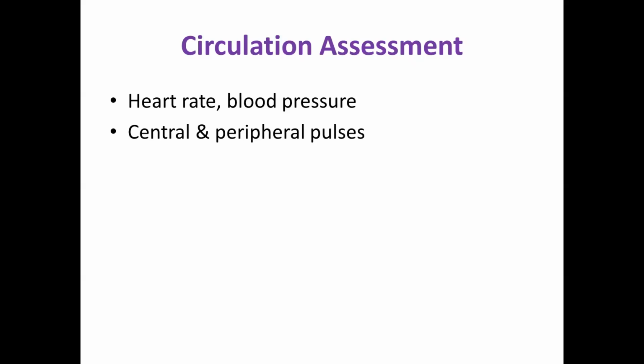So where would be a central pulse in the pediatric population? Any idea? Where would we assess for a central pulse? Is that where you do brachial or do you go straight to carotid? So under 1 year of age, the recommendation is to do a brachial.